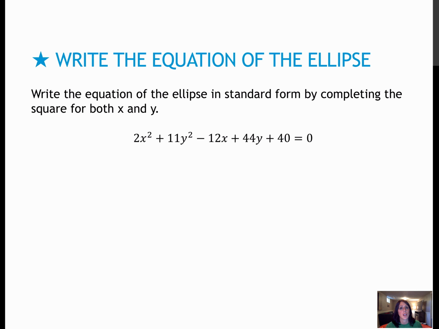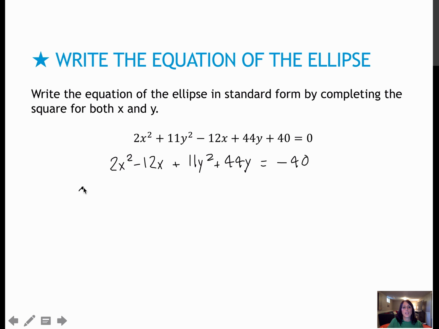Here's one for you to try on your own, so press pause, write this ellipse equation in standard form, and then press play to check your work. Again, first thing I'm going to do is collect my x values together. I'm going to collect my y values together. I'm going to move that 40 to the opposite side.